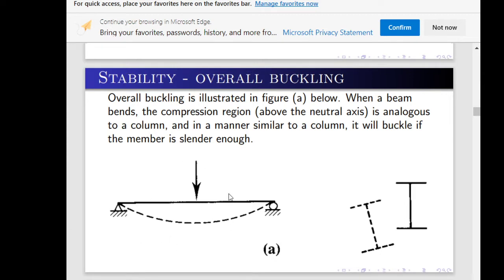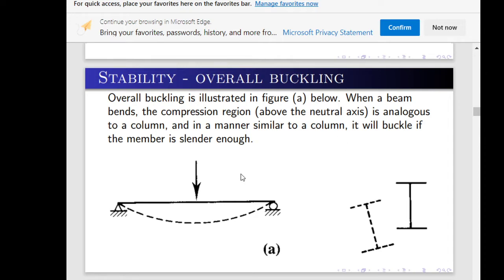This beam in this figure will also buckle if the member is slender, like the length to thickness ratio is large, meaning slender depth to thickness ratio. So in here, if the beam or member is very tall, it will buckle.